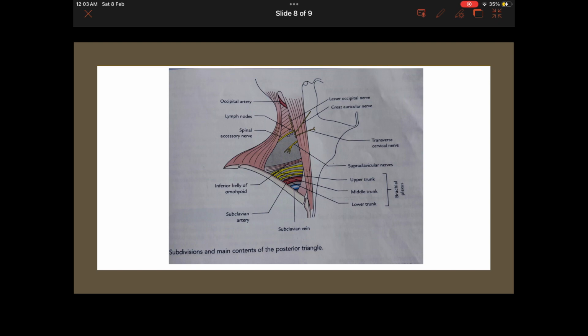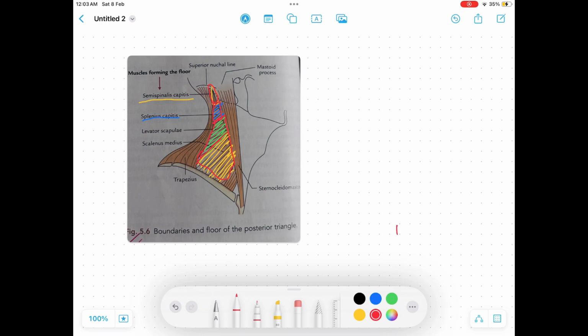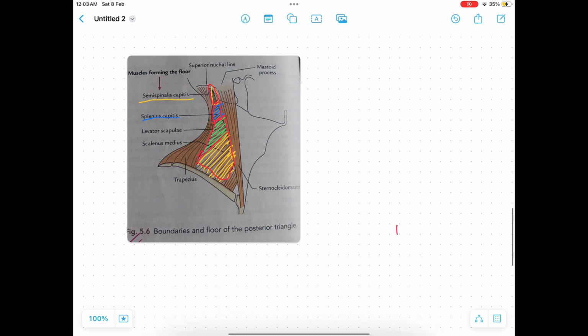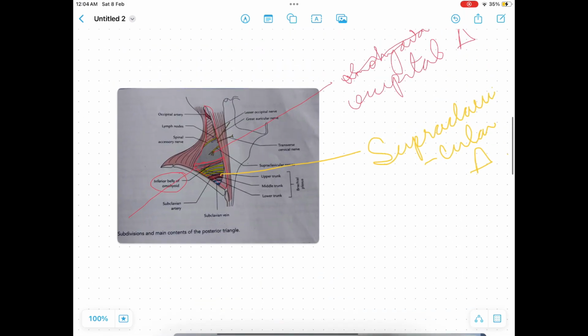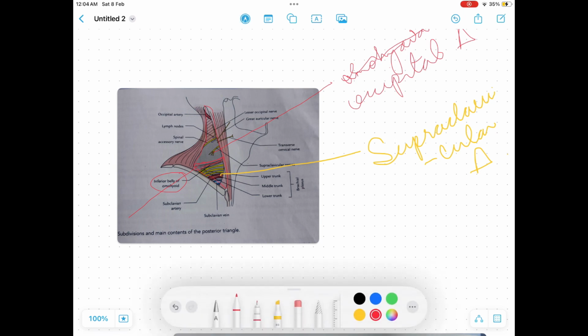so I'll be showing you the contents of the triangle. So the upper triangle, as you can appreciate, is the occipital triangle. What does it have?